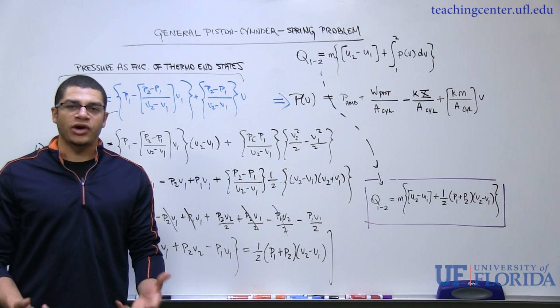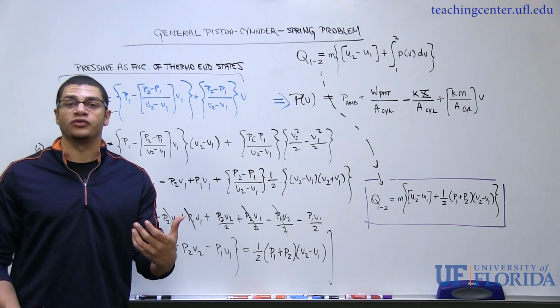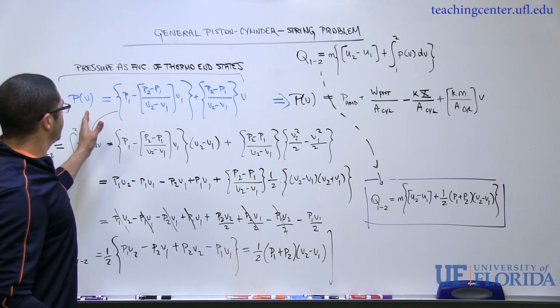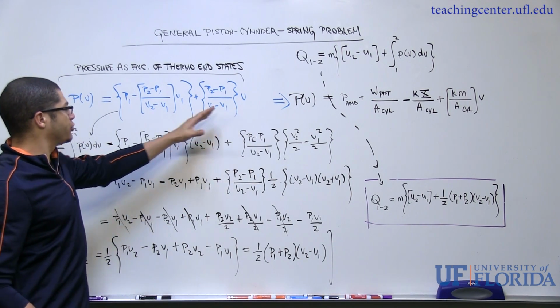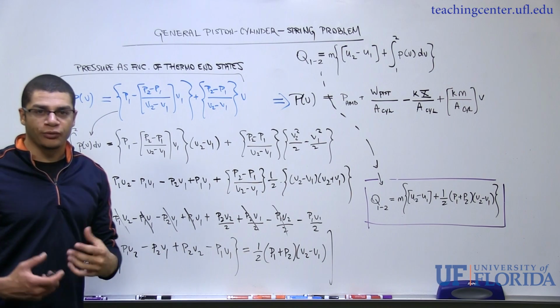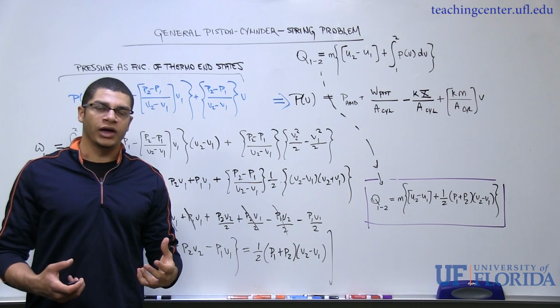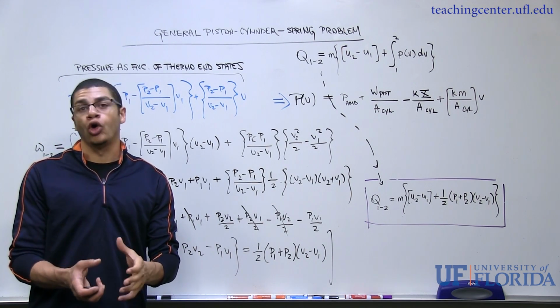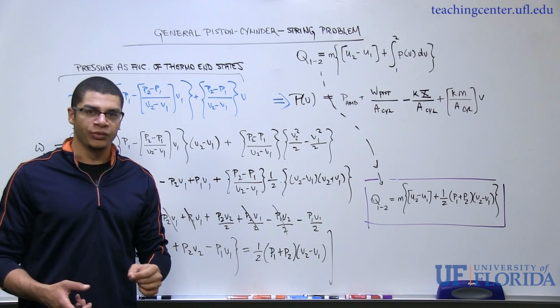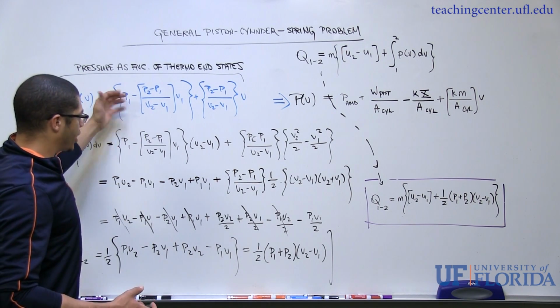Now with an expression for pressure as a function of specific volume in terms of purely thermodynamic information, as written here in blue, we can actually perform the same integration to solve for the work done on or by the fluid from state 1 to 2 and see what we get.